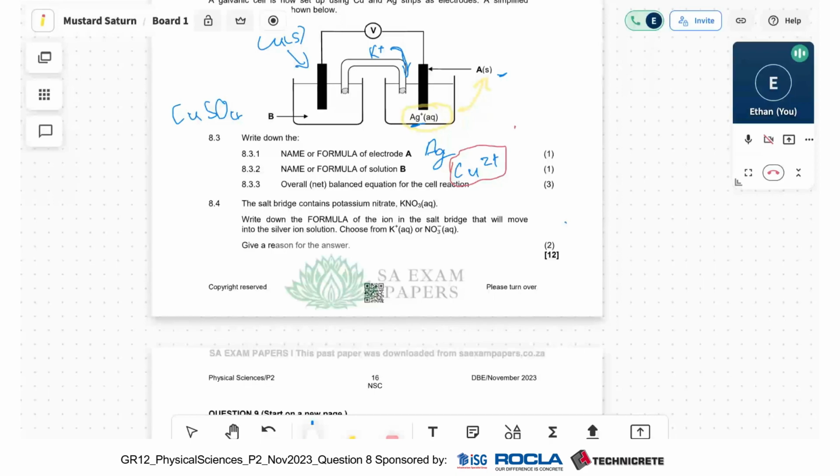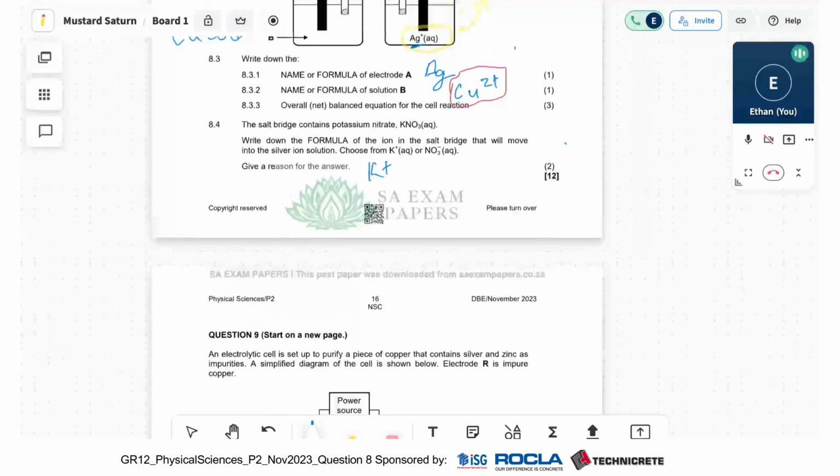So that's basically just what you have to realize. If the system was set up differently, it could have been the nitrate ions, but essentially that's the reason. So yeah, it's K plus. The reason being we're using up Ag plus, so K plus has to move to balance out everything to maintain electrical neutrality.